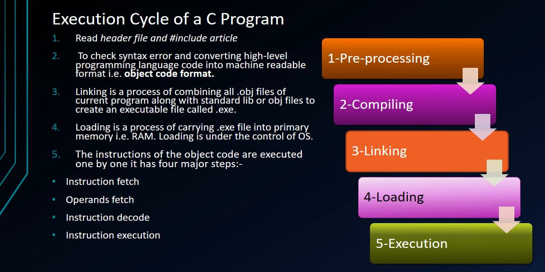The first file created by you is a.c, and after compilation it creates an .obj file, and in the linking process it creates an exe file that will execute your program. So linking is a process of combining all the obj files generated after compiling our current program, along with standard library files or object files, to create an executable file called exe.